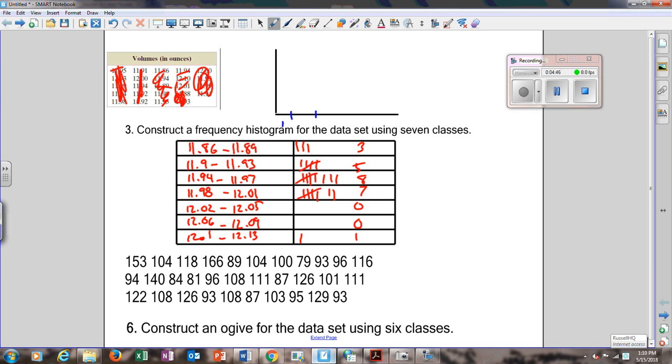I'm going to start with the bottom. 11.86, 11.9, 11.94, 11.98, 12.02, 12.06, and 12.1.